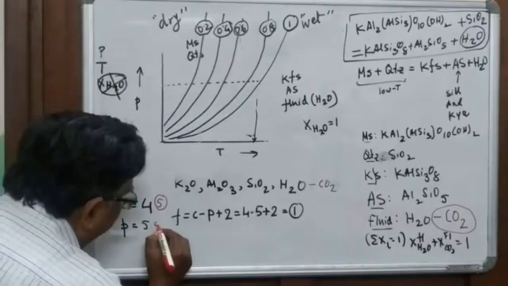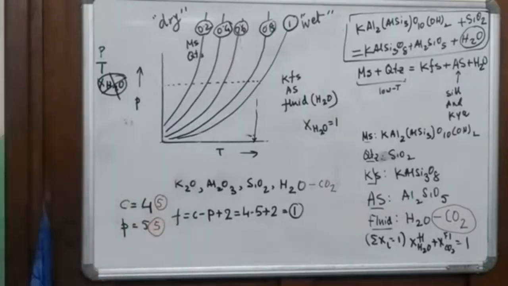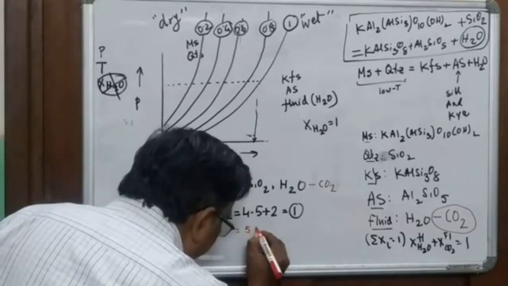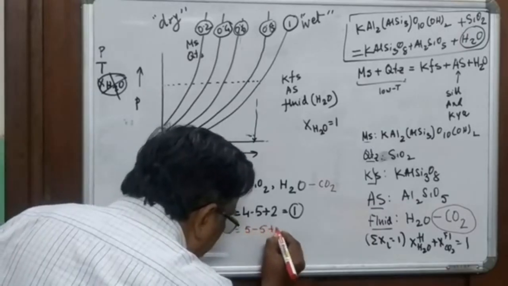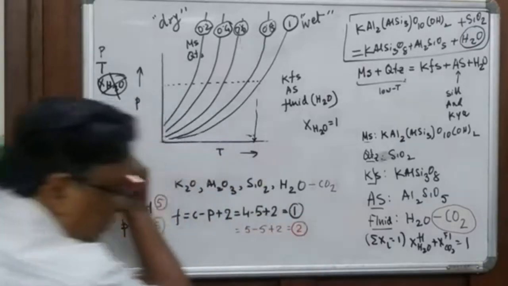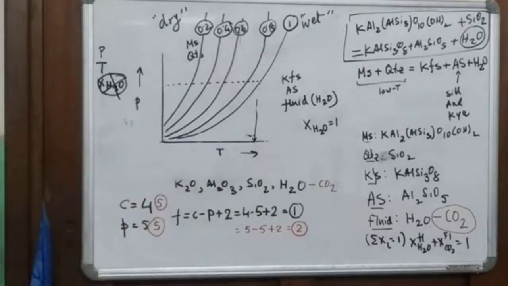So 5 remains 5. So now we start: 5 minus 5 plus 2. There you go, 2. What is this 2 now?